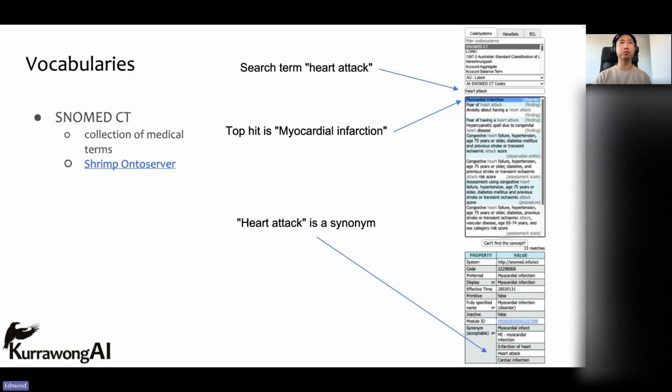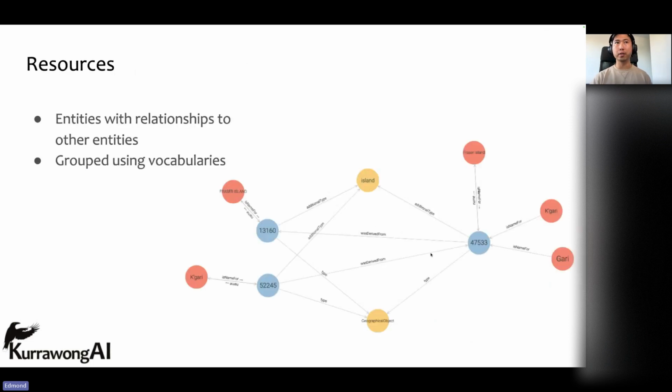That's the actual medical term that they use. Once the doctors select that, they can see that heart attack is one of the synonyms for that thing. So this is just an example of how these common terminologies with synonyms start becoming standardized within a more complicated data system.